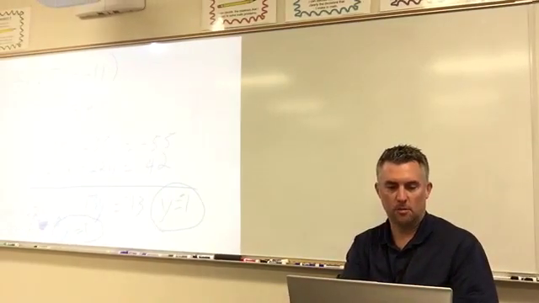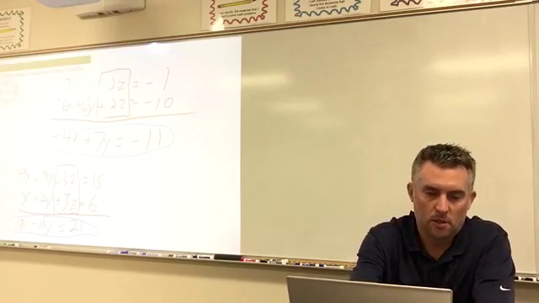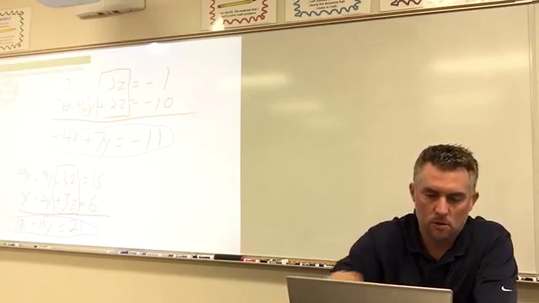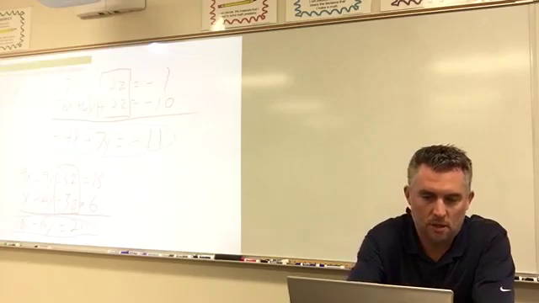And now I got to go back to my previous slide. So 1 minus 2 times, what did I say? X equals 1 and y equals negative 1. Plus 3z equals 6.